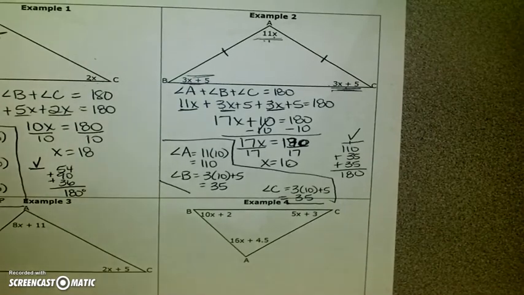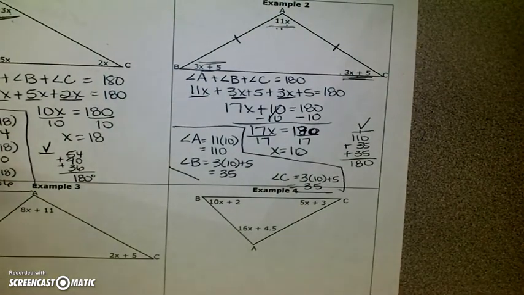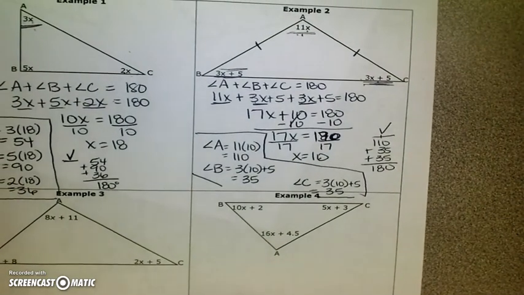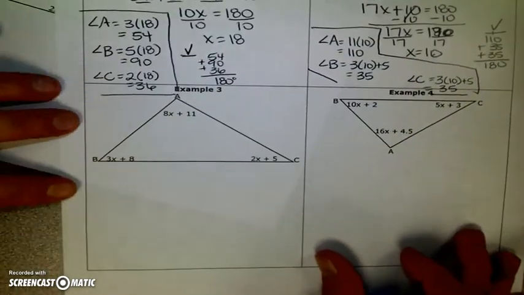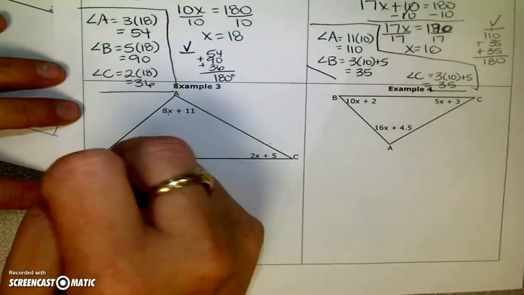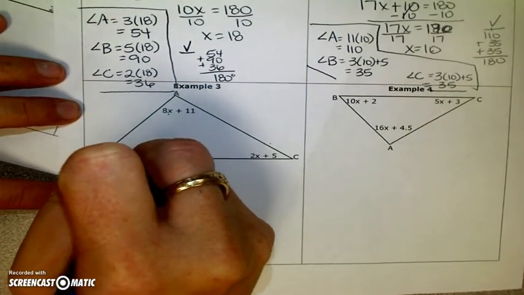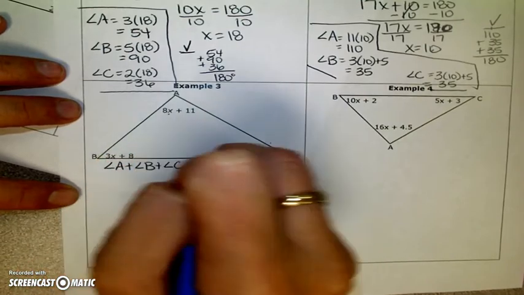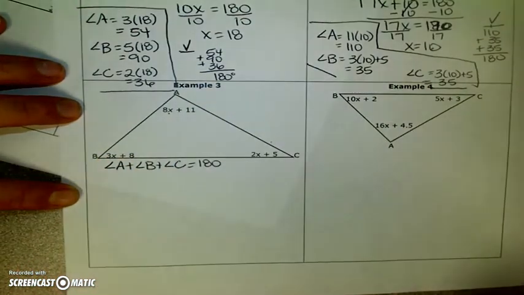Make sure you're pressing pause if you need to slow down and process what we're doing. All right, example 3. We want to know what each angle is. So again, we know that angle A plus angle B plus angle C equals 180.